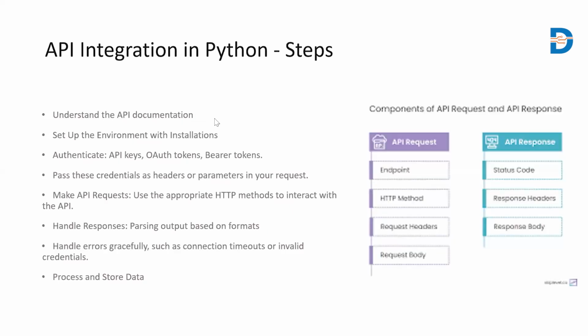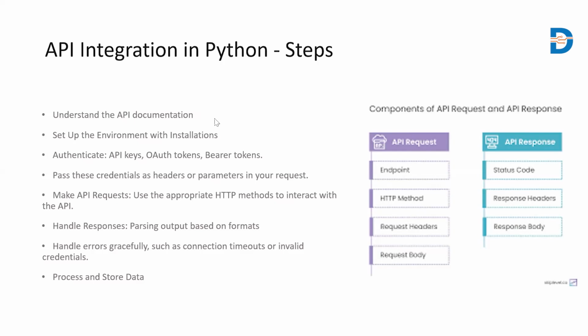Let us learn the basic key steps of API data integration. The first step before we try to integrate any API into our application is understanding the API. This involves understanding the documentation to understand the endpoints, the URLs for requests, and the HTTP methods supported, get, post, put, delete, all these methods.